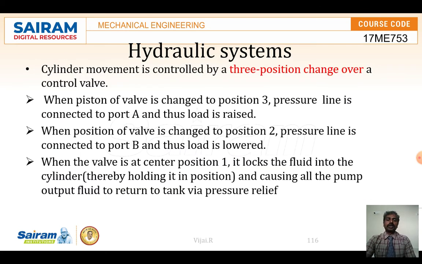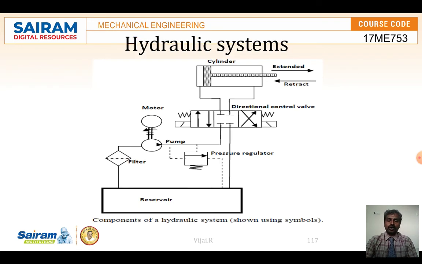When the valve is at the center position, it locks both the fluid and the flow, so everything is closed. This is how, with the help of the hydraulic circuit, we see the reservoir, the filter, and the symbols needed for them, the symbol of the filter and the pump.